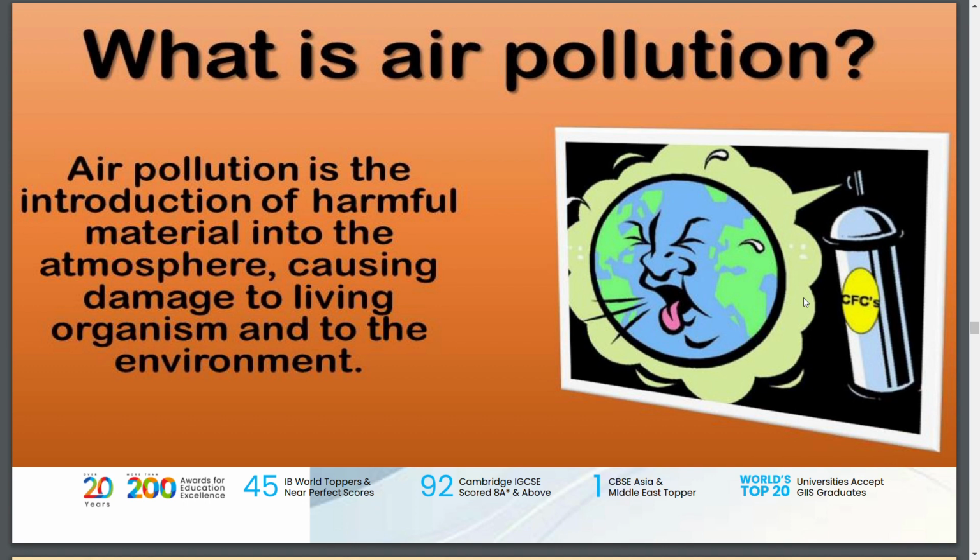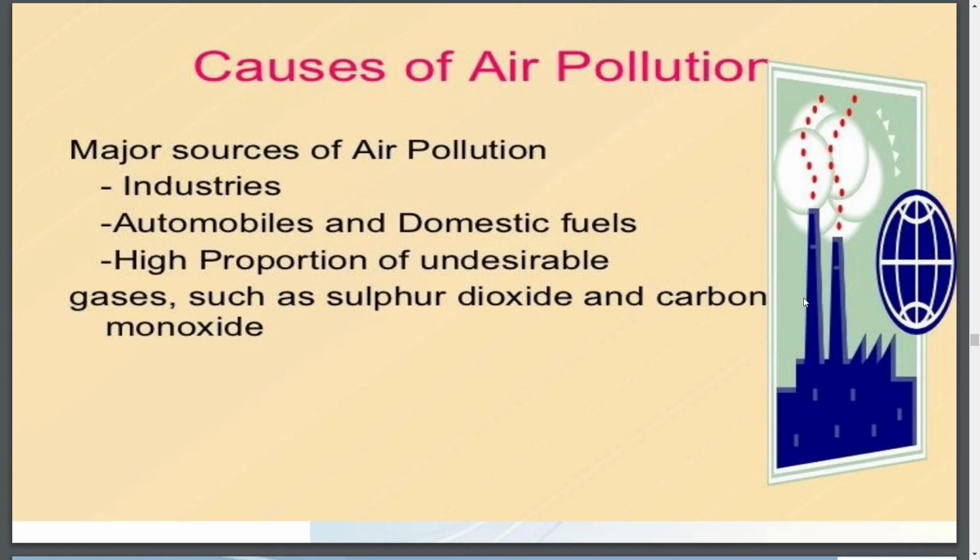So, atmospheric pollution. What is air pollution? As you already know, air pollution is harmful material in the atmosphere, causing damage to living organisms and to the environment, for example global warming.